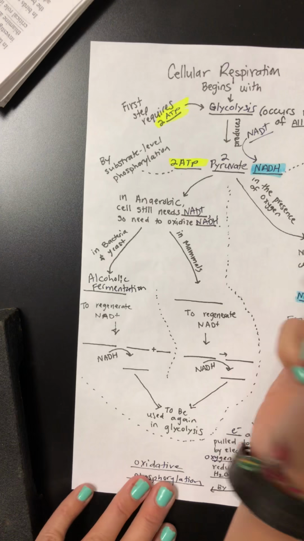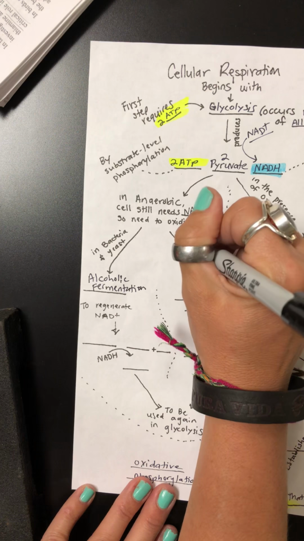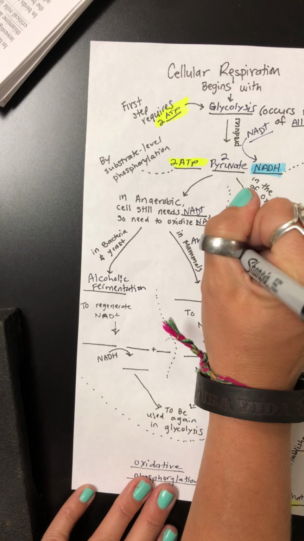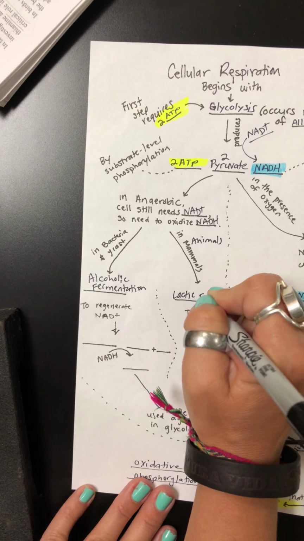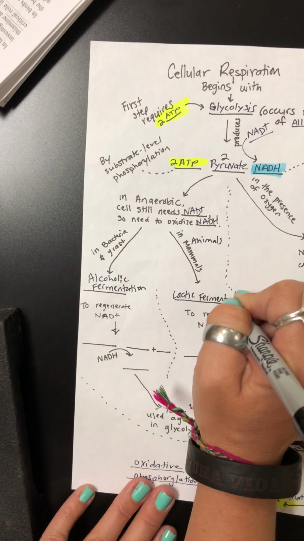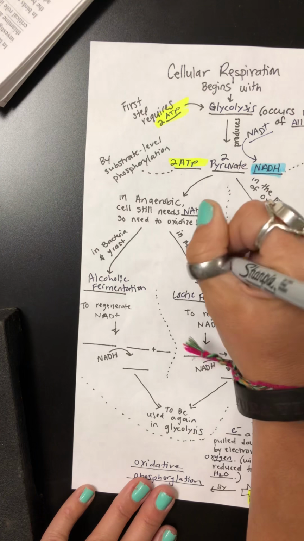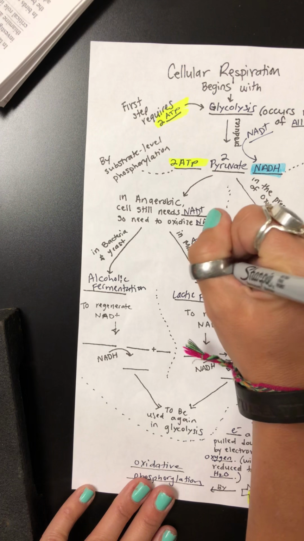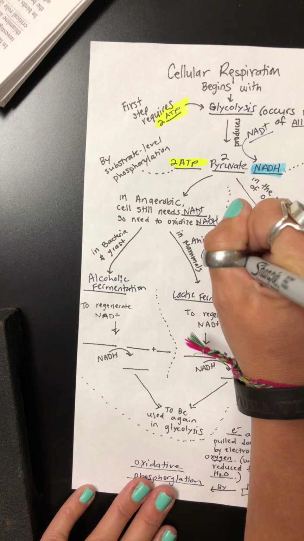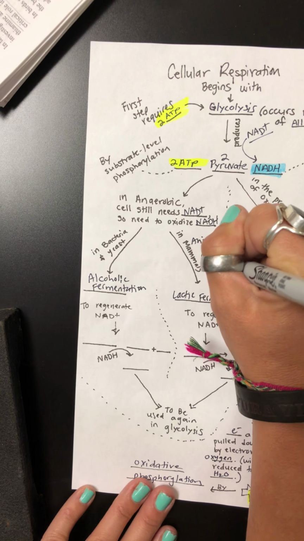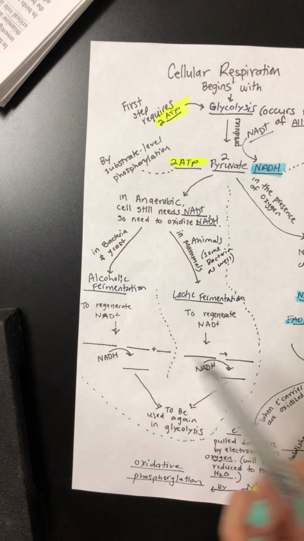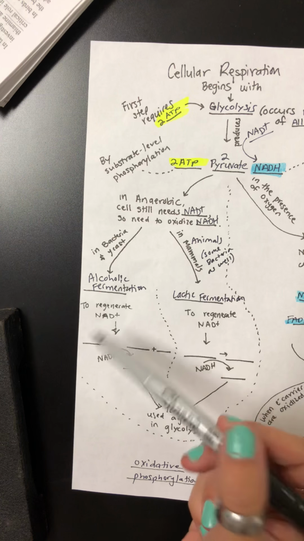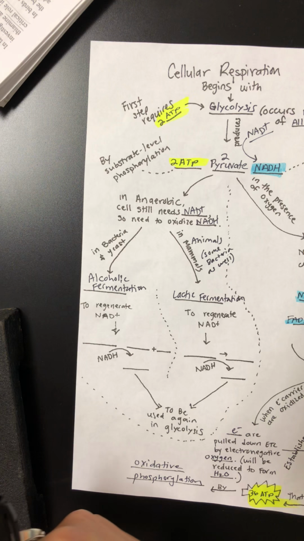And in mammals, or in animals, I guess I could say animals here, in animals, we get lactic acid fermentation. I should also point out some bacteria as well will do lactic acid fermentation. But anyway, so we have 2 options. We have alcoholic fermentation and we have lactic acid fermentation.